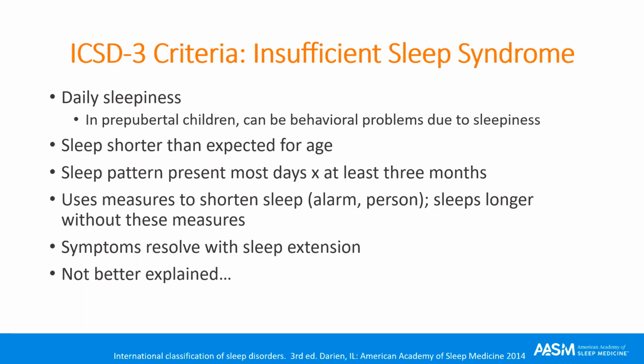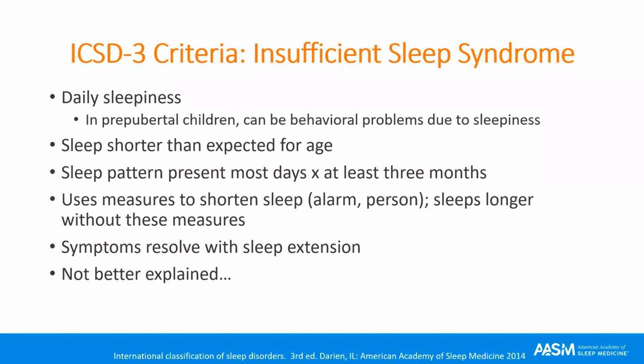The restricted sleep pattern has to be present most of the time for at least 3 months, and it has to be maintained by the person doing something to shorten sleep. So these are not people who have insomnia and can't sleep. These are people who are restricting their time in bed, usually with an alarm or a person waking them up in the morning. But if they're given the opportunity to sleep longer, if they don't use an alarm, they will sleep a sufficient duration.